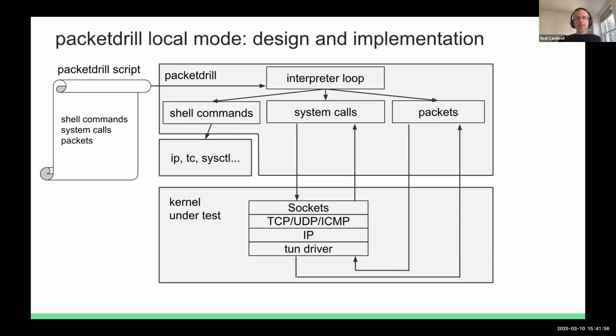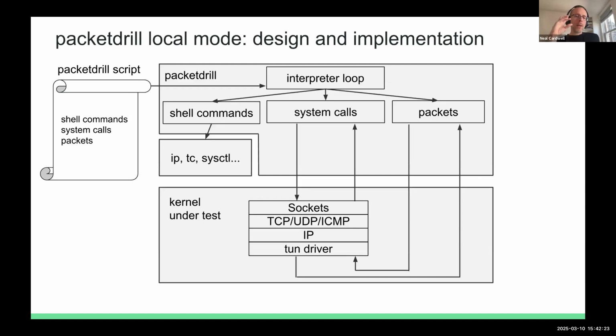So as we mentioned, basically in local mode, we've got a single Packetdrill process running on top of the kernel under test. And the way this works is that you've got a sort of traditional interpreter loop inside Packetdrill that reads and parses the script and then executes all of the events in that script. For shell commands, it uses the system library call to call out to bash to run whatever commands you give it.